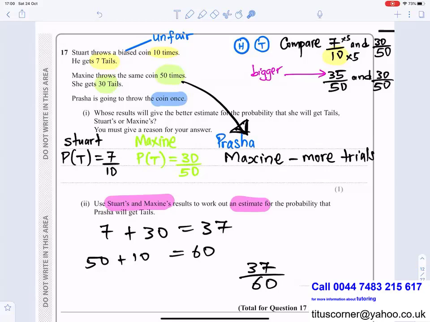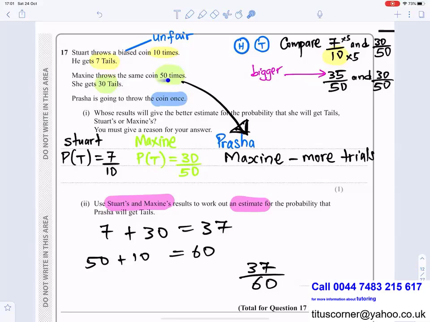For Stewart, probability of a tail is 7 out of 10. For Maxine, probability of a tail is 30 out of 50. But who threw it more times? Maxine.